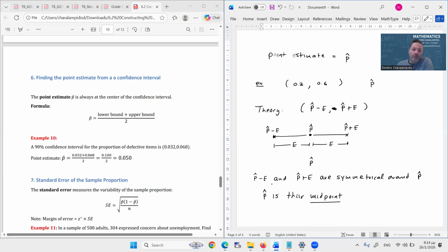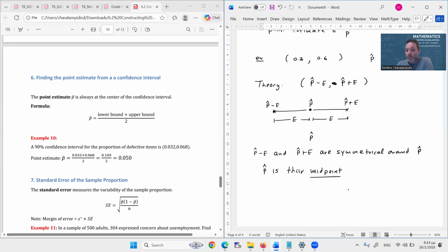That's a keyword here, midpoint, because we know that given an interval in general, the midpoint formula is given by a plus b over 2.